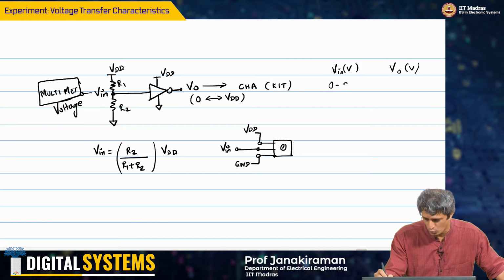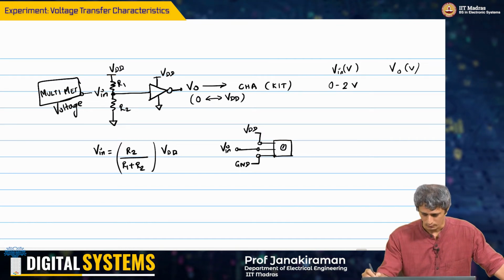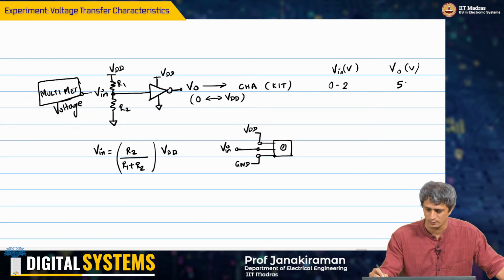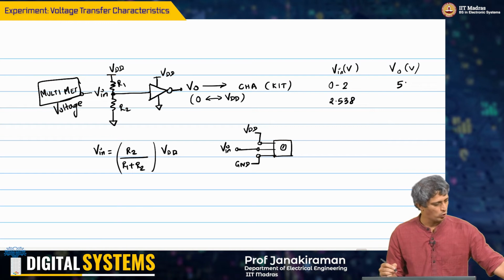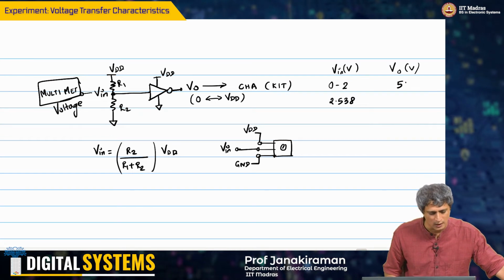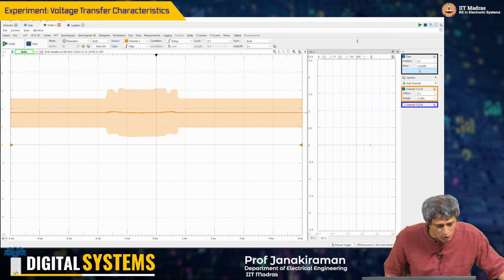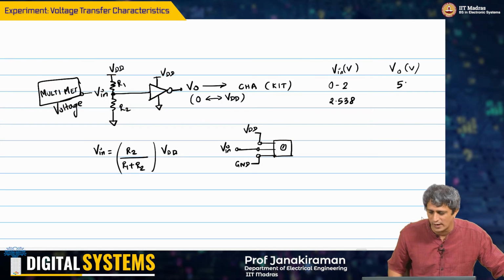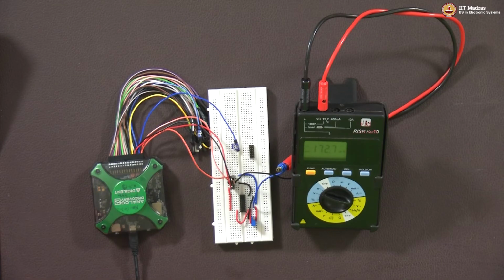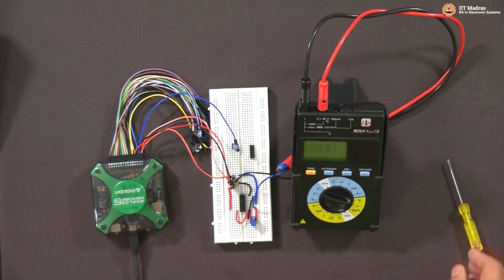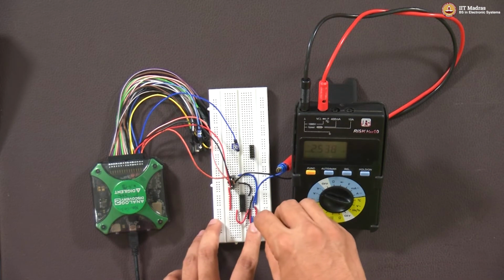So 0 to 2 volts output was 5 volts, and even at 2.538 volts the output is at 3.5. So it has dropped to 3.5 volts. This is 5.0. So now I continue this process.